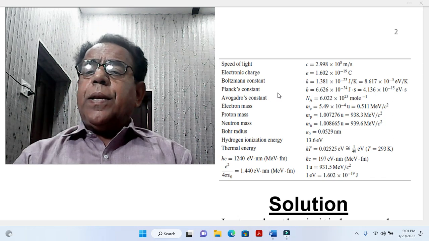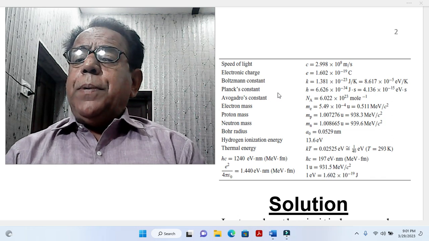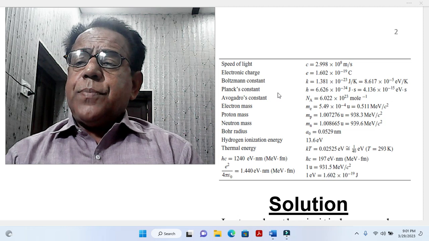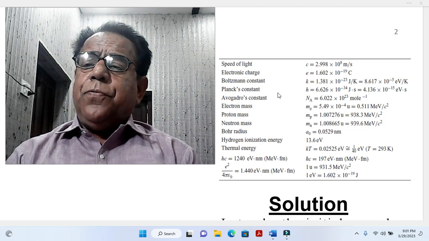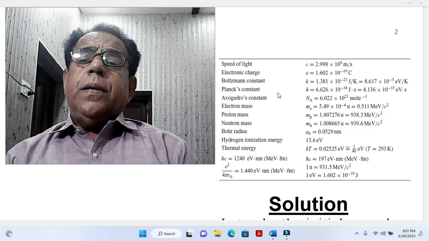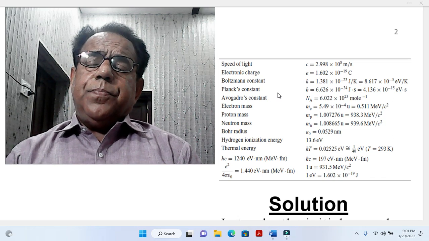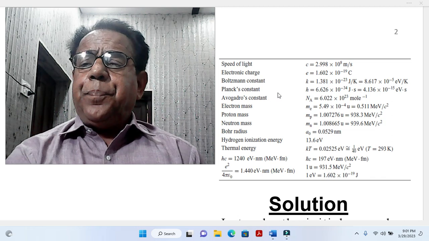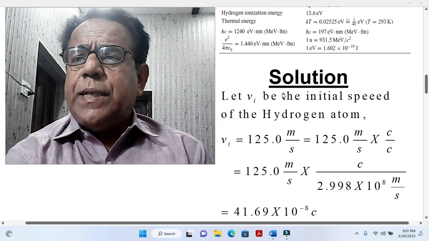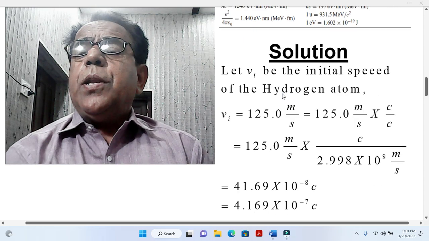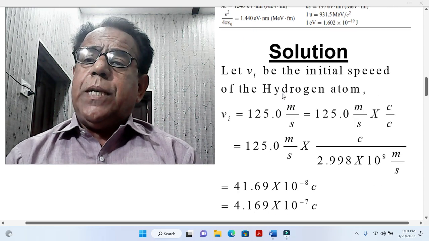So c squared and 1 u will be interchanged. This arrangement will also be used in our problem solution. Now we come towards our solution in a proper manner.